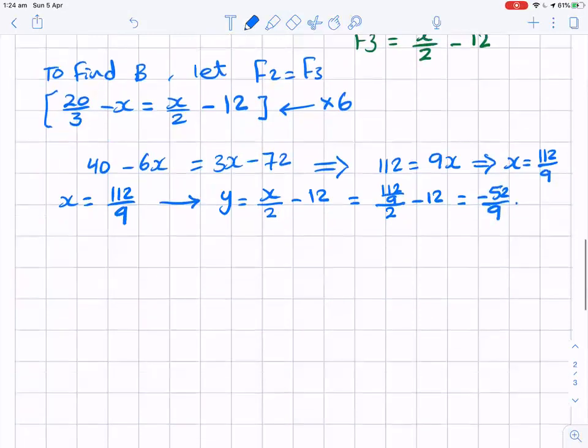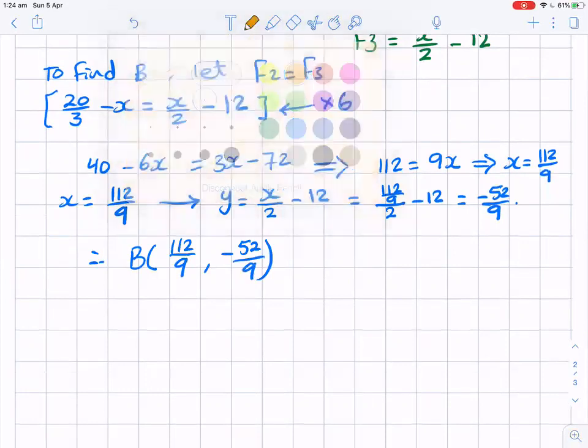Okay, so the coordinates for B are 112 over 9, that's the x, and minus 52 over 9, that's the y.